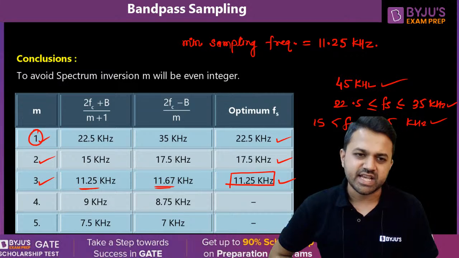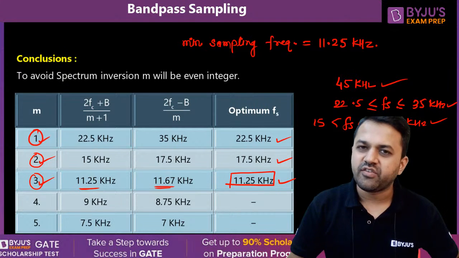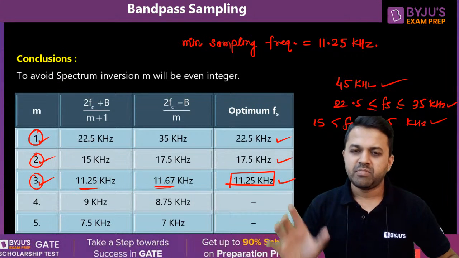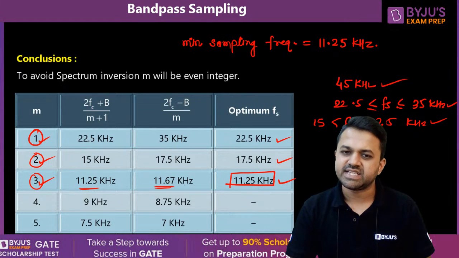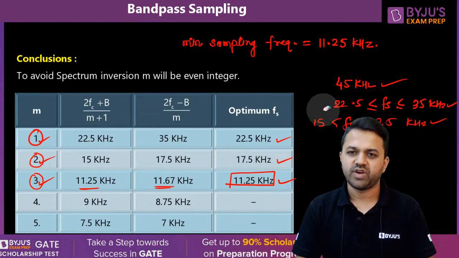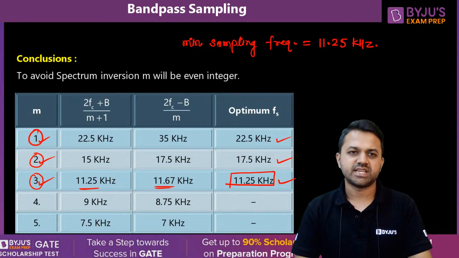In all three cases, m equal to 1, 2, 3, this complete range is able to recover your message signal. But what is the minimum sampling frequency? The minimum sampling frequency is 11.25.